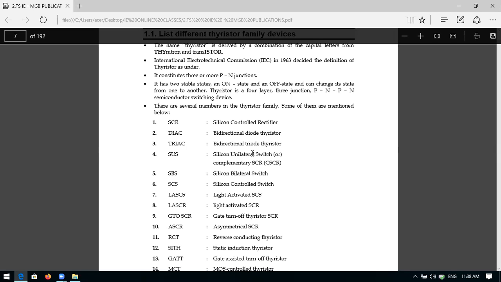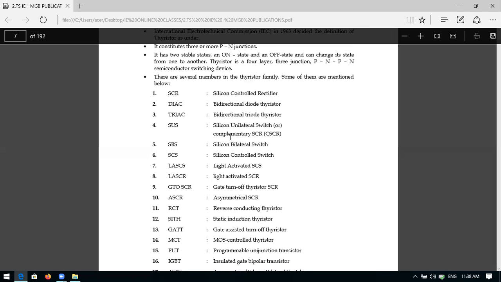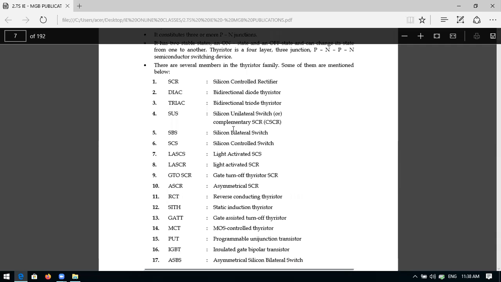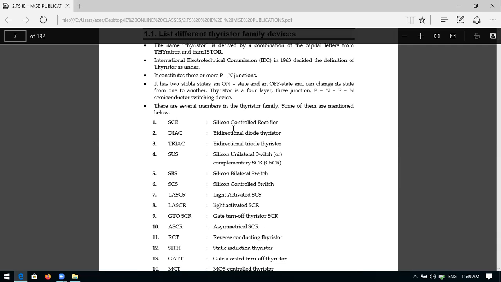Now there are several thyristor family devices. Some of them are listed here. There are 17 basically, but many more devices also exist. The first one is SCR, silicon controlled rectifier. The second one is the diode AC. Diode means a two-terminal device, and it functions in AC only.